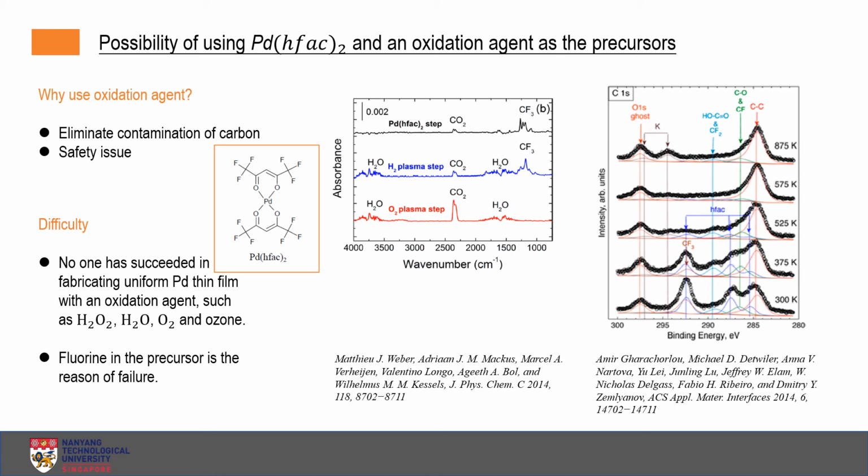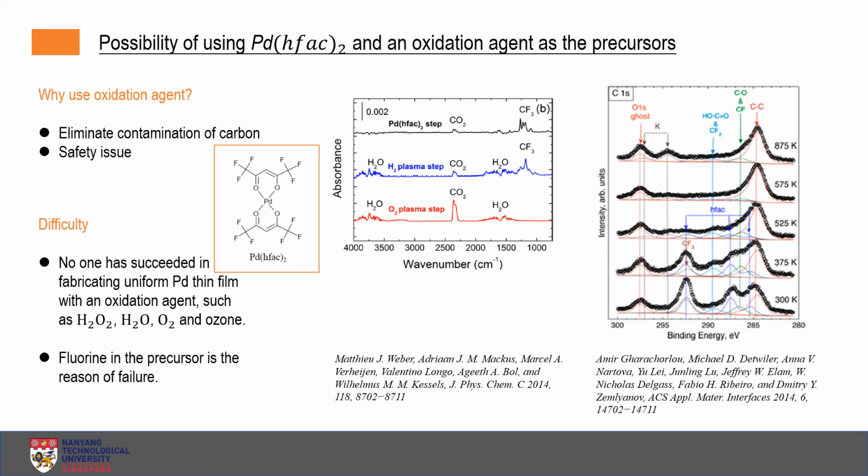And the second reason is the safety issues. As we know, hydrogen is highly explosive, so it is prevented by many institutions, including NTU. So we need to find another way without hydrogen pulse to fabricate Pd thin films.